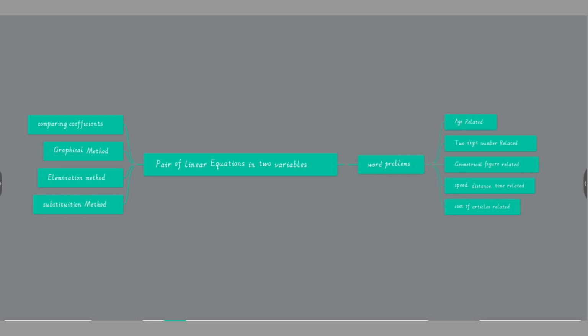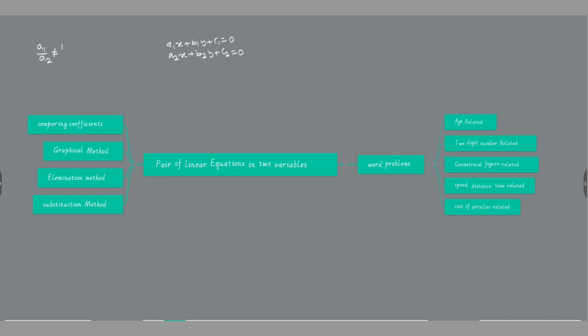Because it is a pair of linear equations, we will have two equations: a1x plus b1y plus c1 is equal to 0 is the first, and a2x plus b2y plus c2 is equal to 0 is the second. Now here, by comparing the ratios a1 by a2, b1 by b2 and c1 by c2, we decide which type of lines they represent.